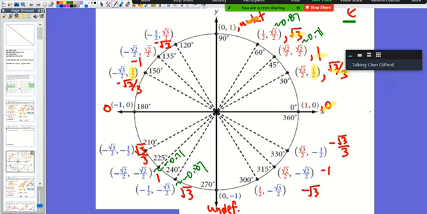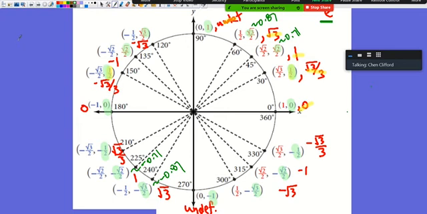Okay. Now, if you look at all these sine values, going all the way around the unit circle, all those sine values fall between, this is very important to note, -1 and 1.